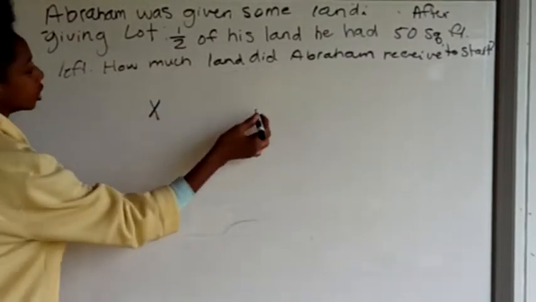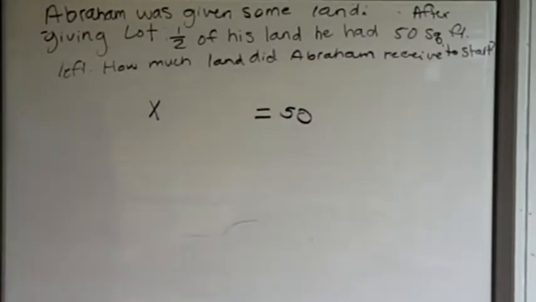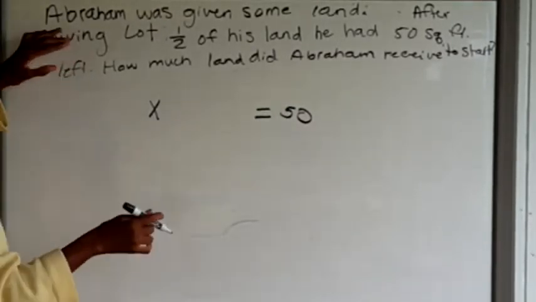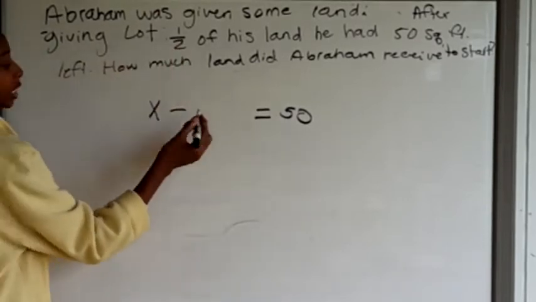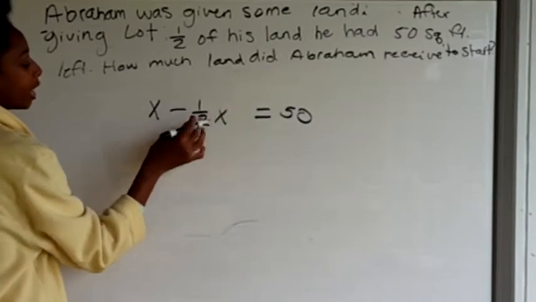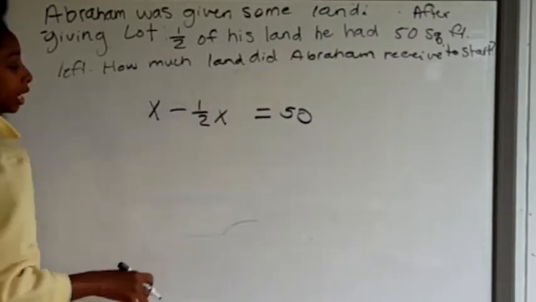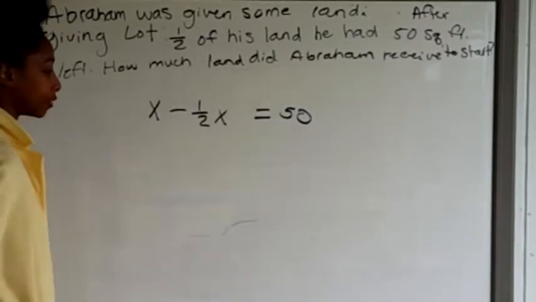We don't know how much. After giving Lot half of his land, we know he's left with 50 square feet. We know it was half, but we don't know how much. So half times however much he had is what was given to Lot, and then he's left with 50.